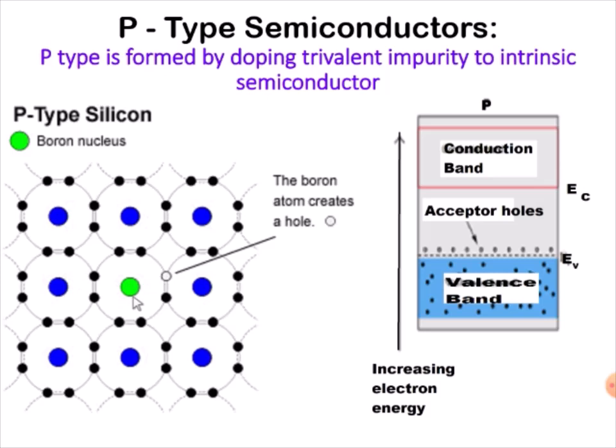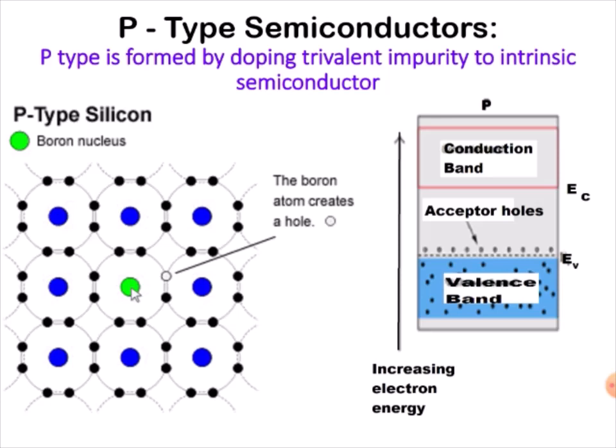Suppose the trivalent atom here is boron. You can also take other trivalent atoms like gallium, indium, or aluminum, just to replace one semiconductor atom.